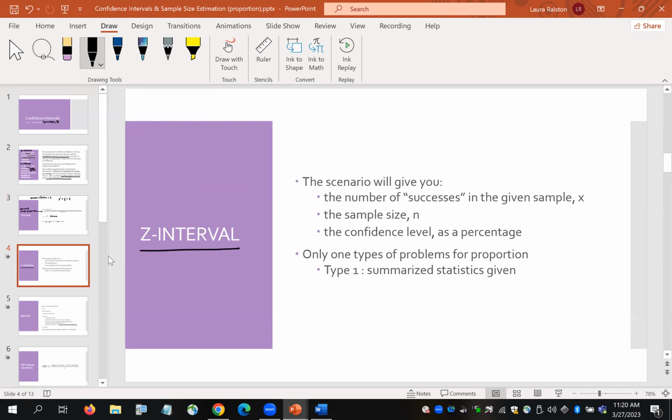In this scenario, you're going to have to be told the number of successes, how many are in the category you're interested in, the sample size, how many were in the sample total, and your confidence level. For these problems, you're only given summarized statistics. You will not have raw data.